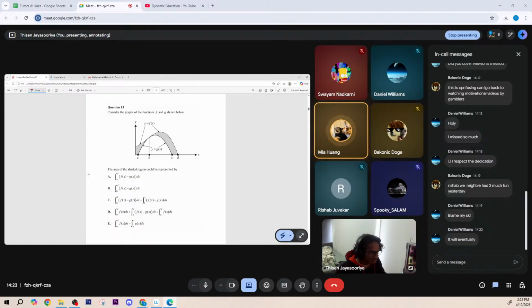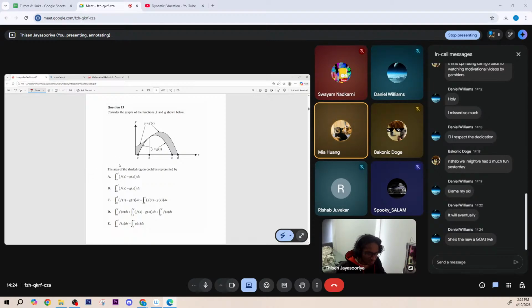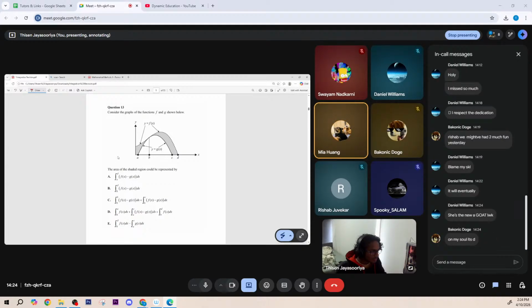You'd want the integrals to have the different domains. Yeah. So what domain would you want the first integral to have? 0 to b, maybe? Does the top function and the bottom function change? No. So they try and trick you here by putting this b.